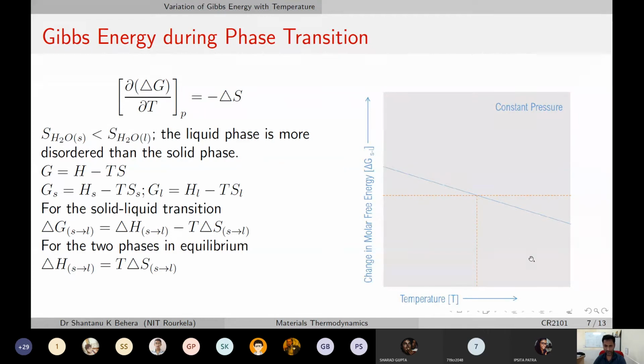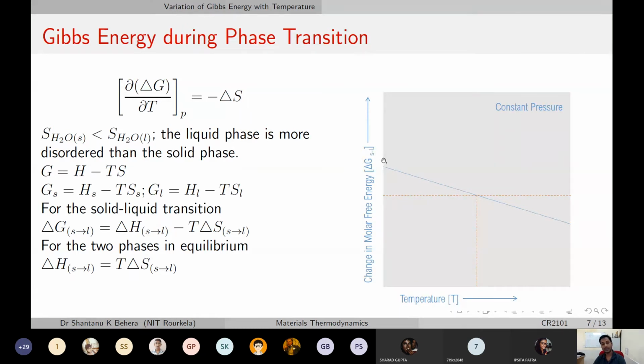You can apply the same formula of del G by del T onto delta G. So del delta G by del T is minus delta S. Of course, this can be positive or negative depending on the delta S you're talking about, whether it's a solid to liquid transition, a liquid to solid transition, or anything of that sort.